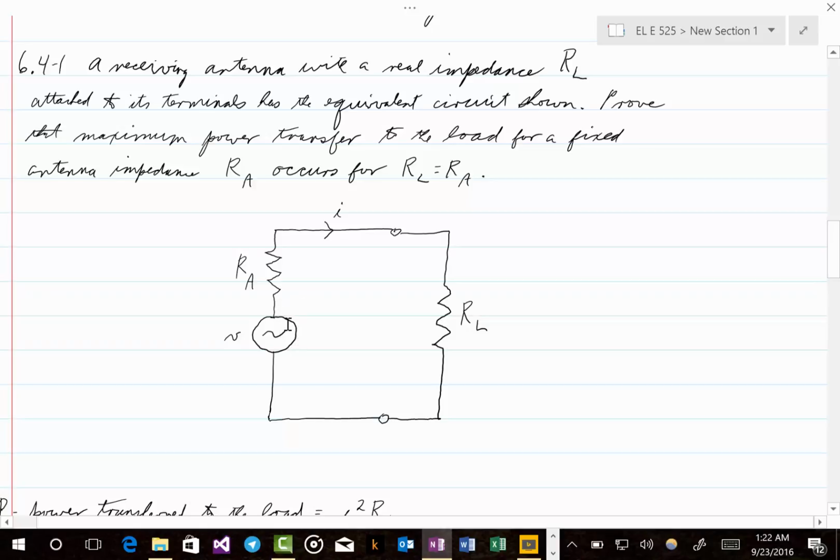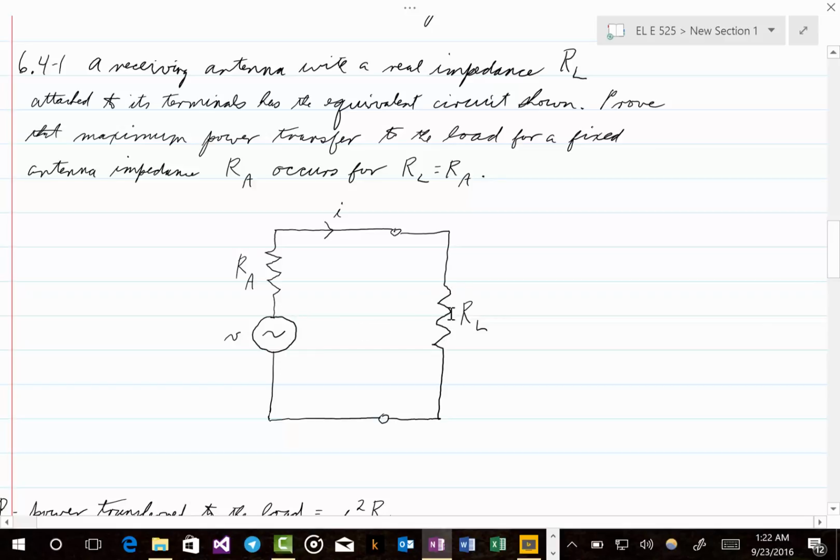Well, actually, this isn't exactly the voltage across the terminals of the antenna because there's going to be a voltage drop across R sub A, but this is the voltage associated with the currents on the antenna. We'll say it that way on the receiving antenna.